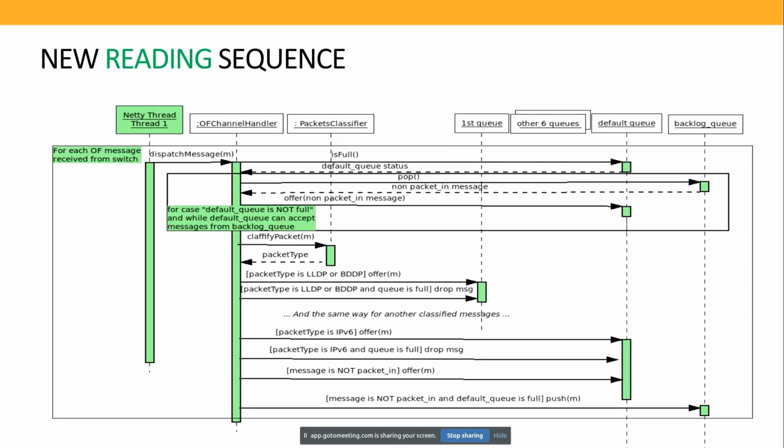Graphically, this will work with the next steps. First we move packets from backlog to the default queue, then classify them. Classified packets go to specific queues, and all other packets go to the default queue. And as a tweak, if the default queue is full and we get a non-packet-in message, then we will try to save it in the backlog queue.